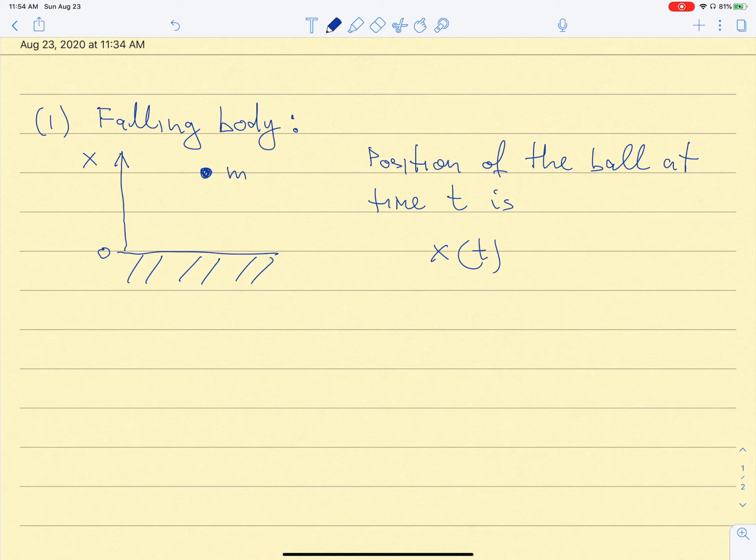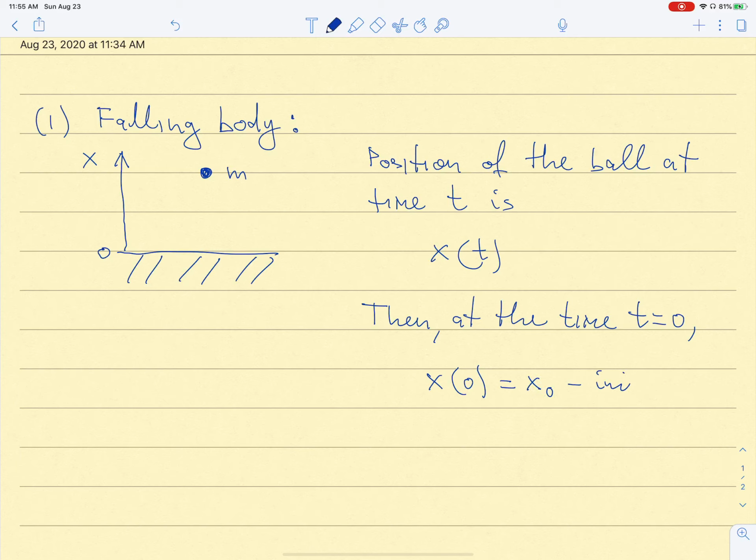So then, at the time 0, I'm going to assume that I know the position, because the time is 0, so let's just call this x of 0, that this is equal to some x0, so that's the initial height.